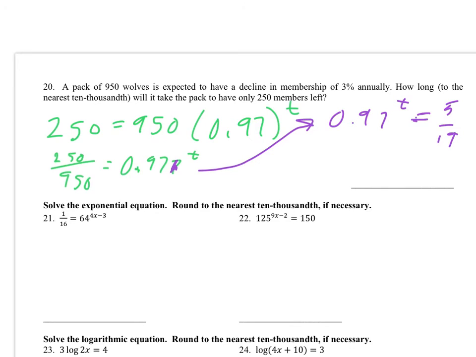So it does reduce nicely, which makes it easier for us to write this in log form. It's a log base 0.97 of 5/19. That's what t is going to equal. And so t ends up being about 43.8291 years. So quite a while, and again that's a long time for a pattern like that to last, but that's what we'd come up with for that problem.